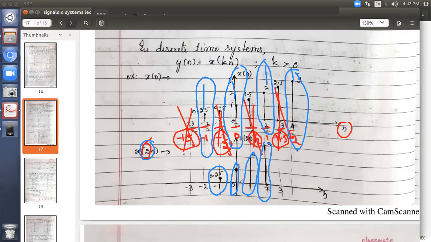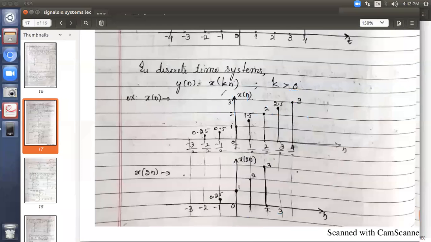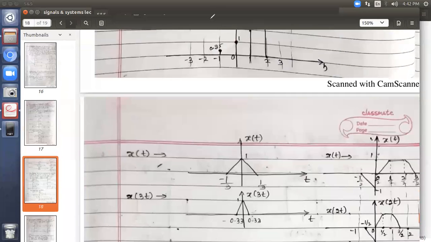Take only those values of time, and whatever corresponding amplitudes are there, put those amplitudes. It is as simple as that. Have you understood the second example? If you have understood, I'll move to the next.